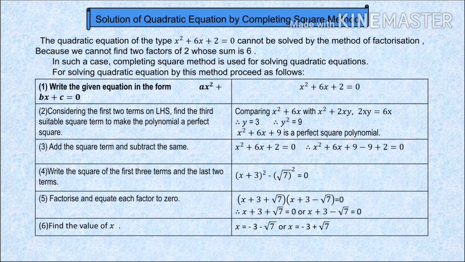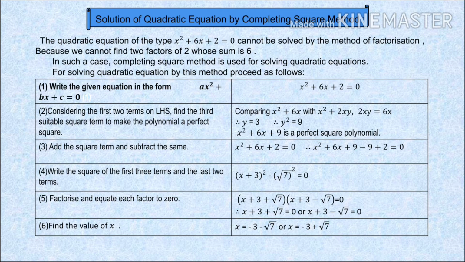Then third step, add the square term and subtract the same, so that the value of the given equation will not change. Therefore, x square plus 6x plus 2 is equal to 0, that same equation will become x square plus 6x plus 9 minus 9 plus 2 is equal to 0.